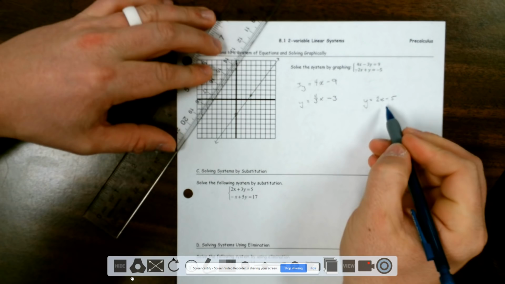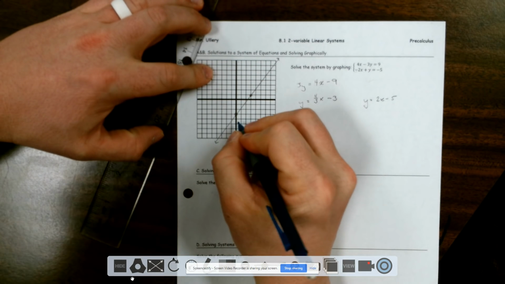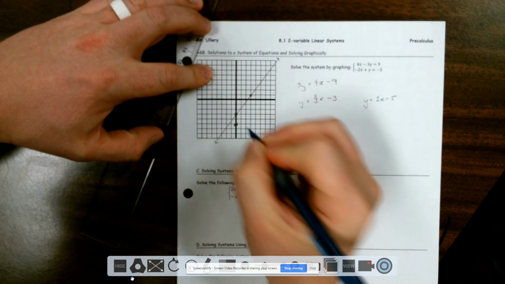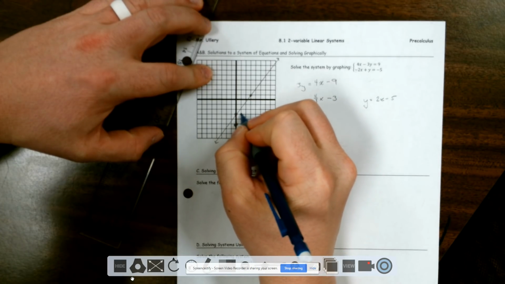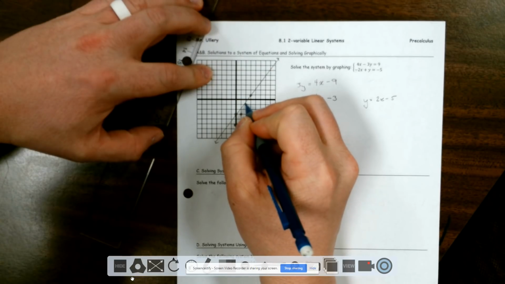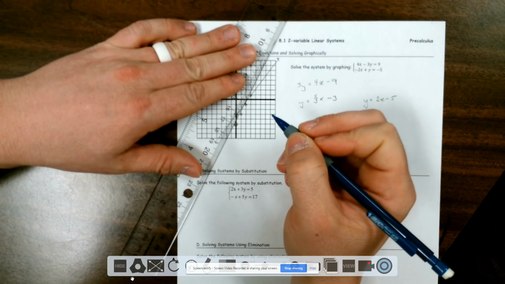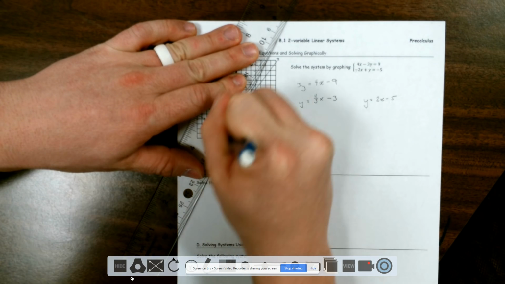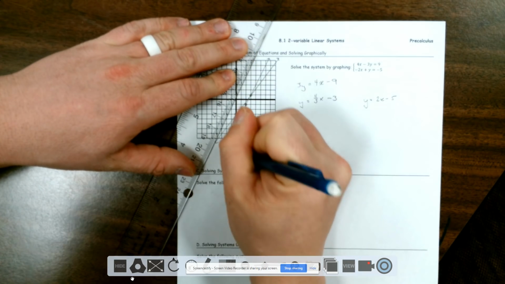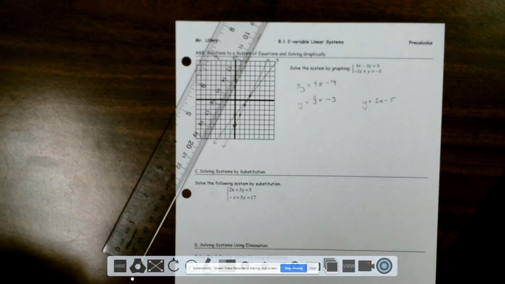Our second line, 2x minus 5, has a y-intercept of negative 5 and a slope of 2, so up 2 over 1, up 2 over 1, it's an extra point. And now I've got my two lines drawn, and I can see that they have different slopes, so therefore they have to intersect at some point.